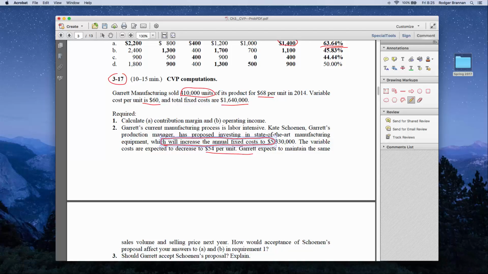So therefore, variable costs will go down to 54. The other assumption here is that the sales price of 68 will remain constant. And they're just saying, okay, fine. What would the contribution margin income statement look like? What would operating income be? And in comparing the two of them, which is better? Maintain the status quo, that is number one, or do we make this change?